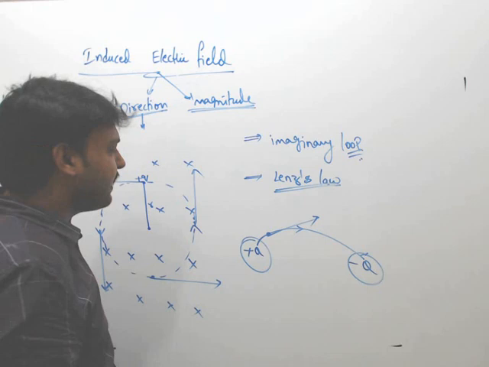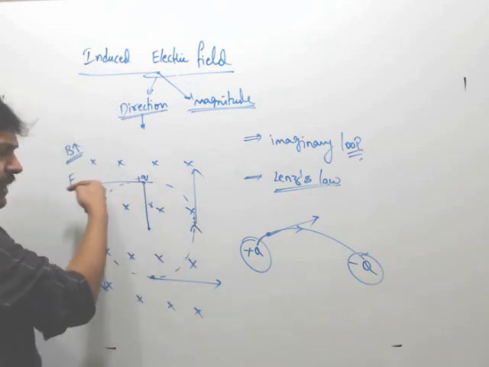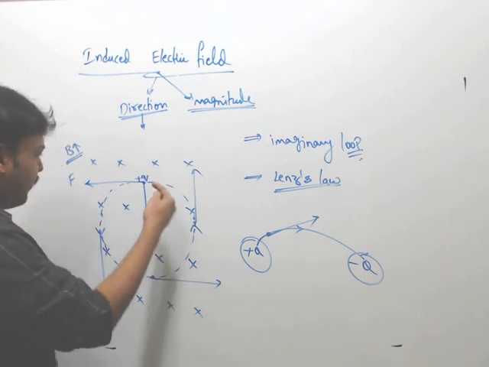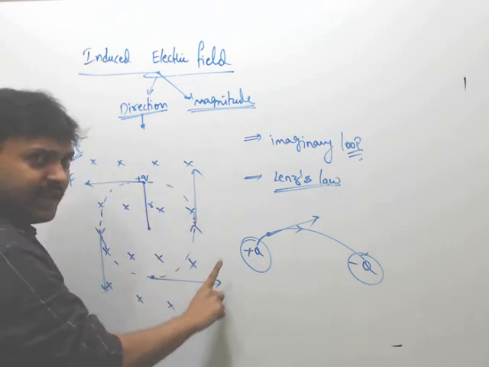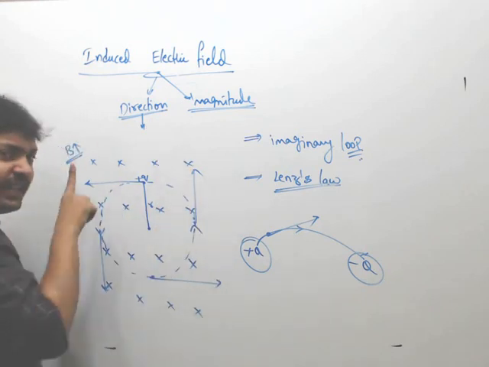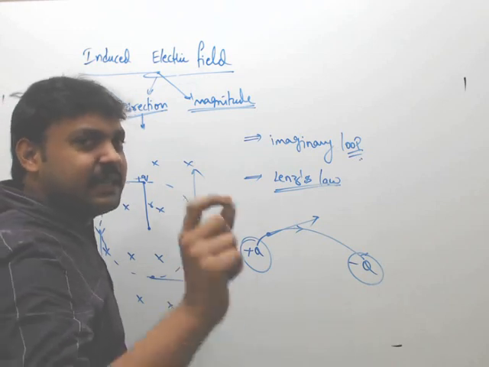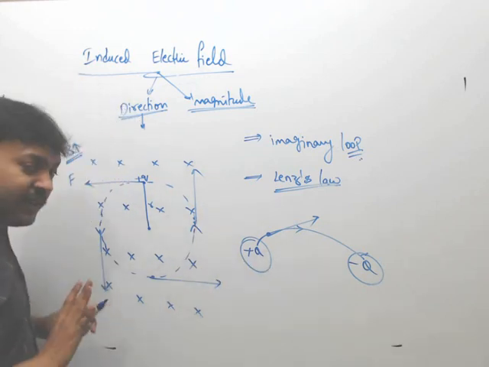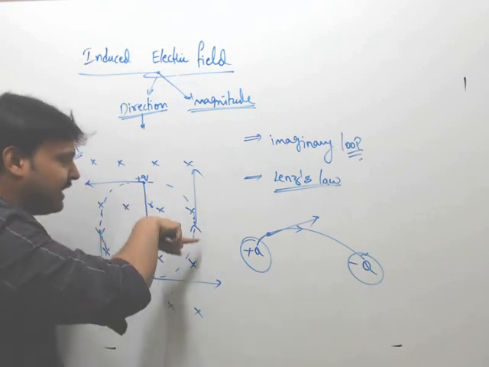If a charged particle is moving, in the sense some force will be there. In which direction is the force? You have to draw the tangents. That tangent will give you the direction of the force. Now we know force direction and field direction will be the same. Finally, what I can conclude is this is the direction of the electric field line.